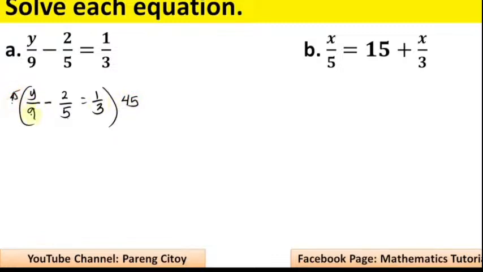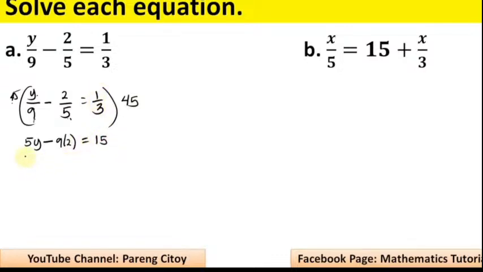So 45 divide 9, that is 5 times y. So that is 5y. Subtract 45 divide 5, that is 9 times 2. So that is 9 times 2 equals 45 divide 3, that is 15 times 1. So that is 15.